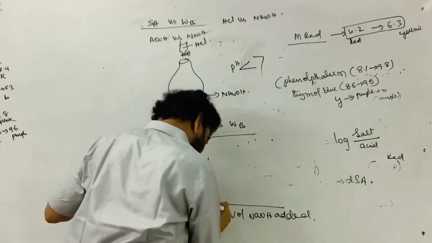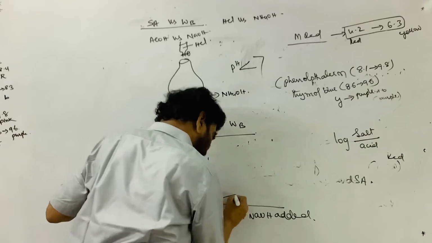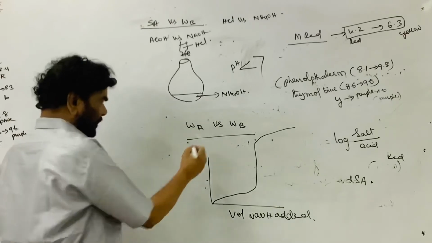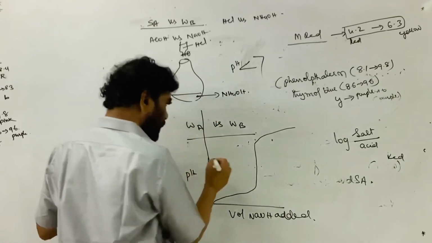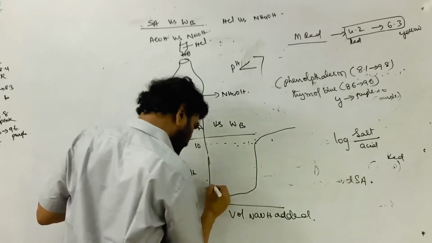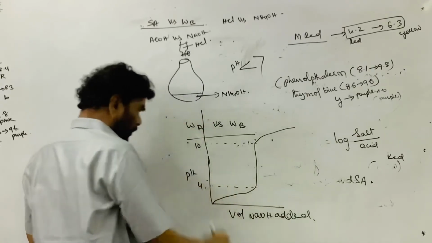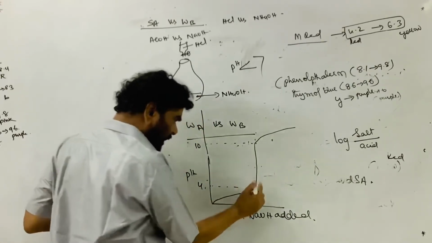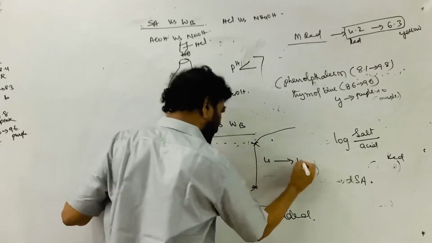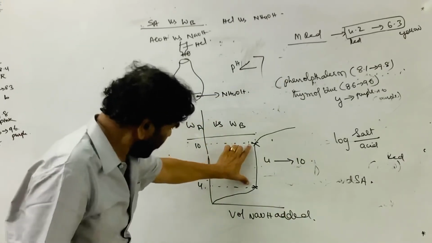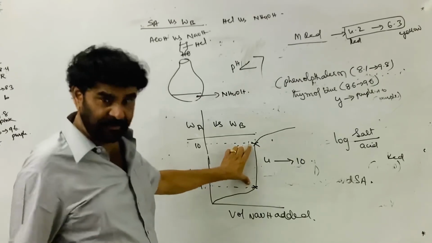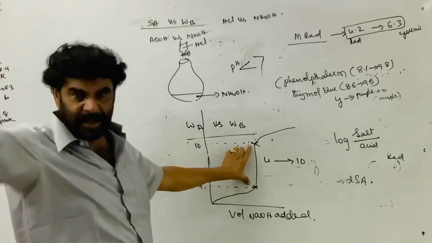Gradually, as the sodium hydroxide is added, this is the fluctuation. Here the pH goes from 4 to 10 with one drop. This is the phenomenon: a sudden fluctuation in pH takes place. Whereas in the case of weak acid versus weak base, there will be no sudden fluctuation in the pH.